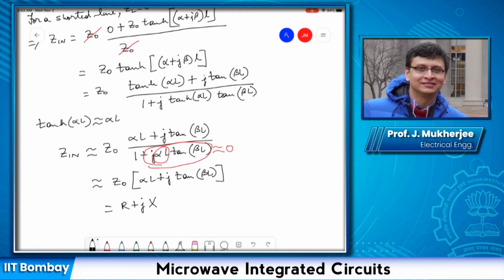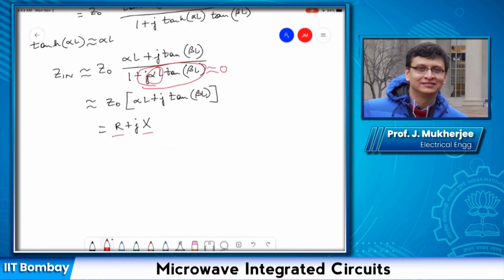So this is just like any other complex impedance. It's like a resistor connected in series with a reactance, capital X. So what we did was we reduced our lossy transmission line, low lossy of course.